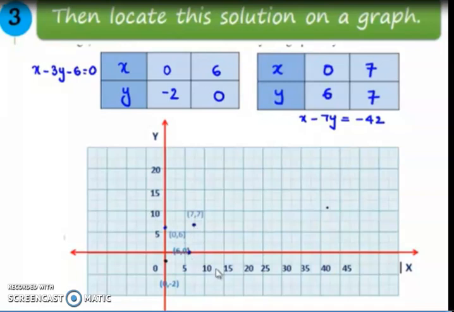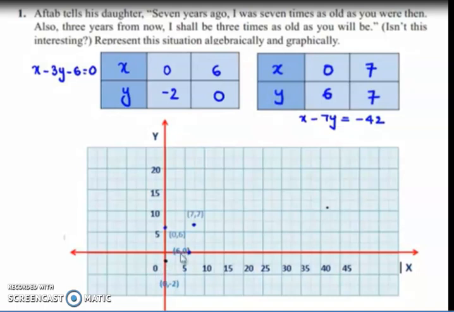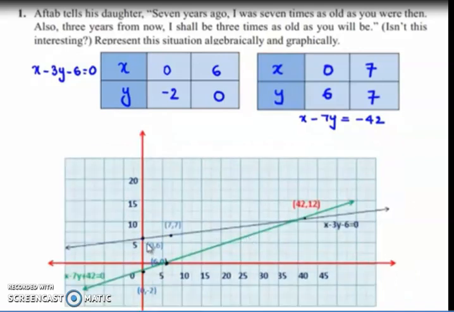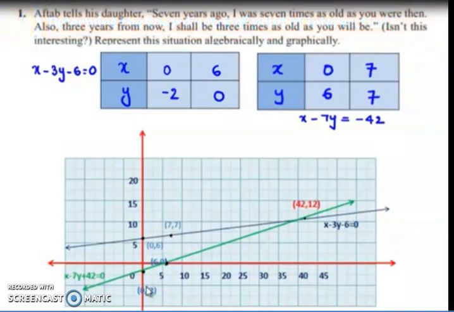Now when I draw a line passing through the two given solutions of each equation, my lines come as such, and these both lines are meeting at a point. Green line is my second equation and black line is the first equation.